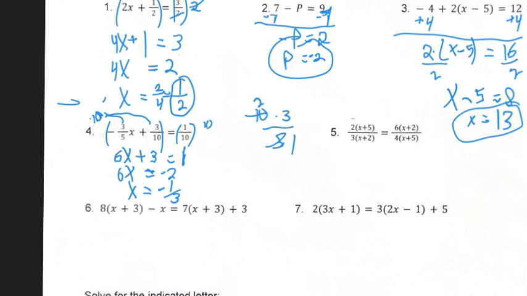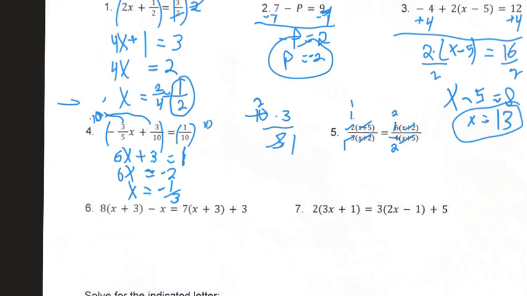And I see that I have stuff on top and bottom that could actually cancel off first. So if I cancel the x plus 2 on top and bottom, I have an x plus 5 on top and bottom. I have a 2, which cancels to 1, 4 to 2, 3 to 1, 6 to 2. And it looks like I have 1 over 1, which is 1. Or I can cross multiply now.